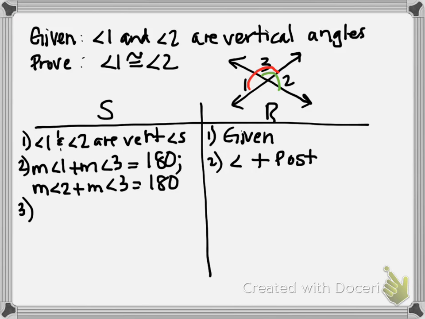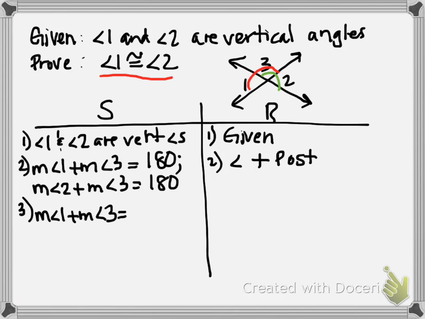Now, remember what you want your answer to look like. You want your answer to be angle 1 is congruent to angle 2. So when I write the next step, I need to write the orientation of my equation so that angle 1 is on the left and angle 2 is on the right. So I'm going to take the top equation, measure of angle 1 plus measure of angle 3.